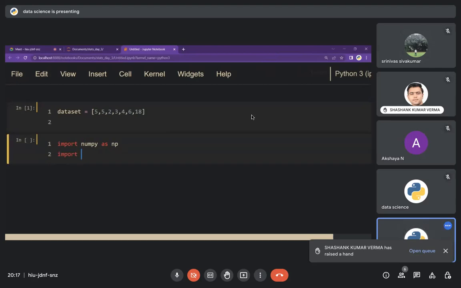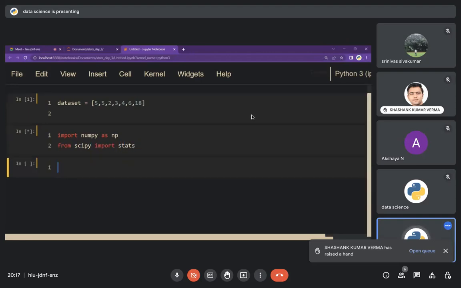Import SciPy, from SciPy import stats. Okay, so I just imported this.